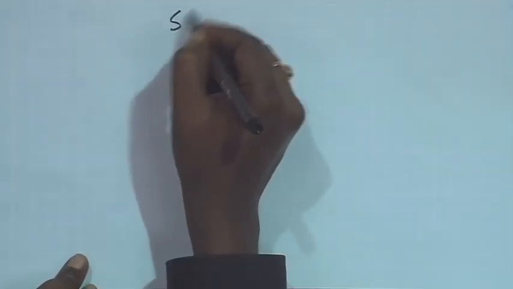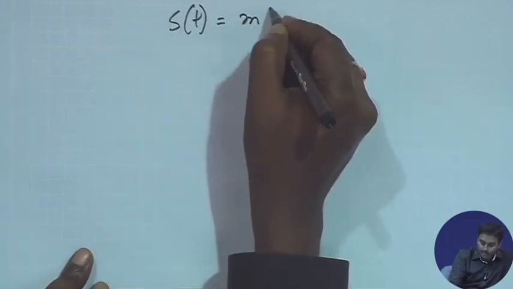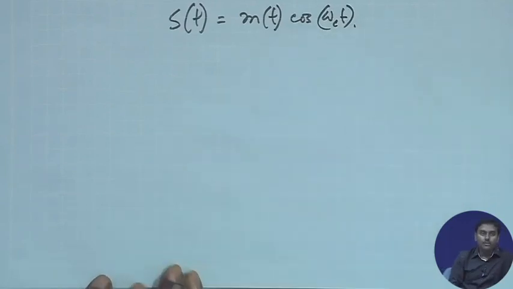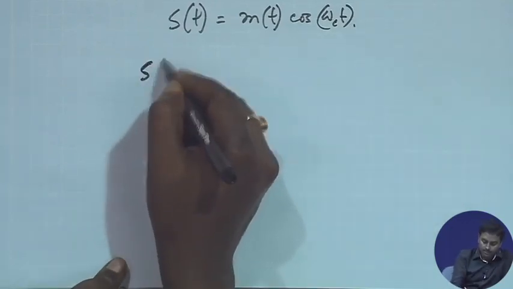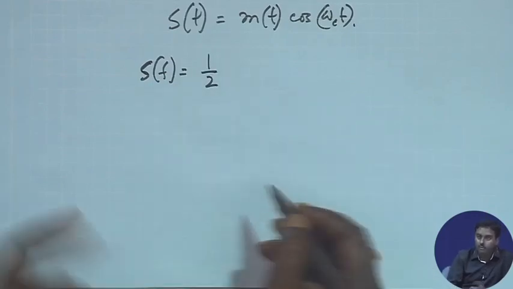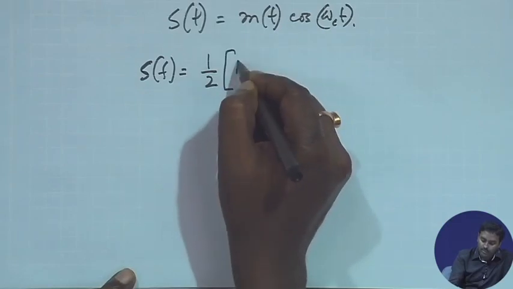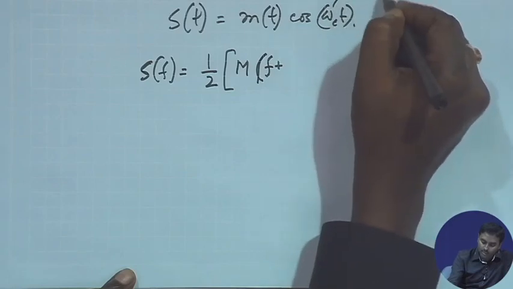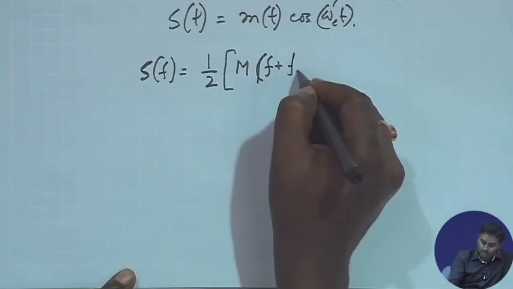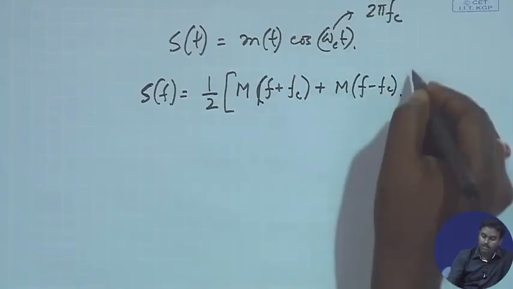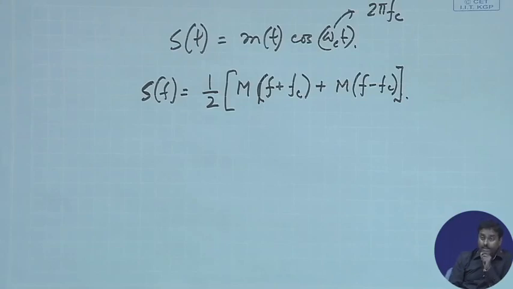So, if s(t) becomes m(t) cos(omega_c t), immediately if I take the Fourier transform of this, S(f) should be, as we have already derived, the famous frequency shifting property. Suppose omega_c is 2 pi f_c, then it becomes M(f + f_c) plus M(f - f_c), with a factor of half. We are saying this is our amplitude modulation.